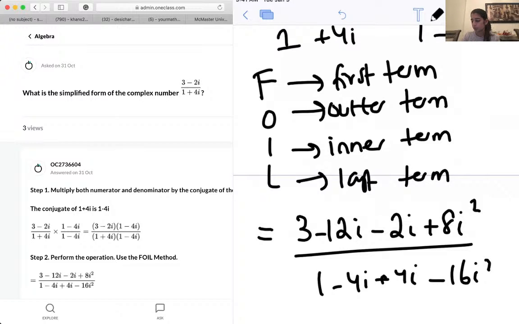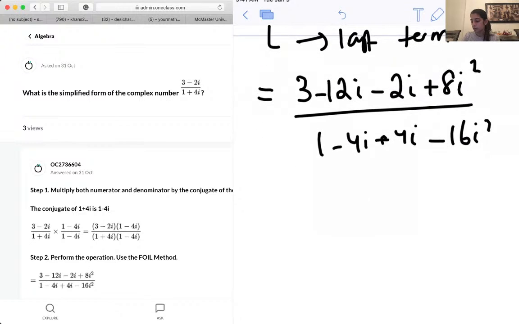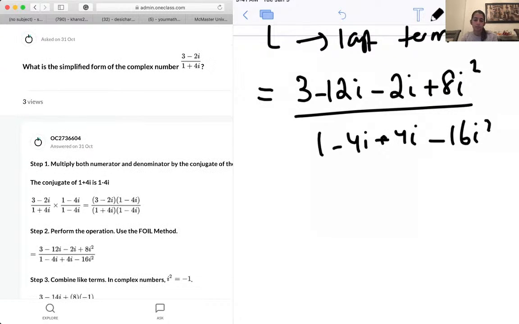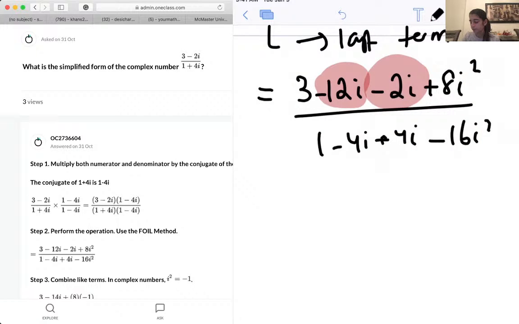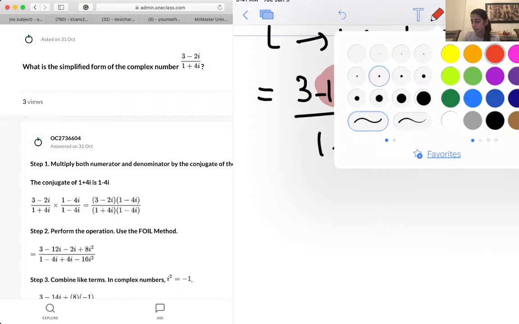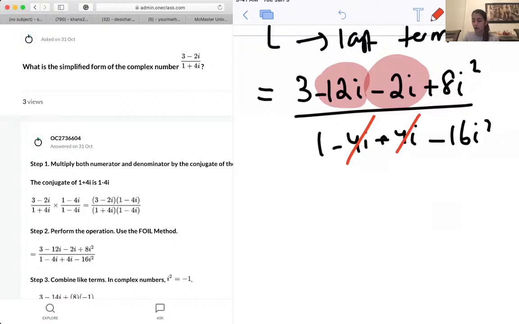Now we combine like terms, so we can combine negative 12i and negative 2i, and we can also cancel this out because negative 4i plus 4i cancel each other out.